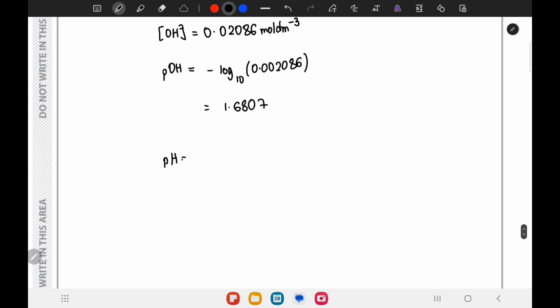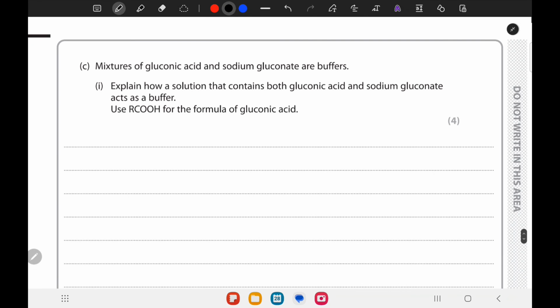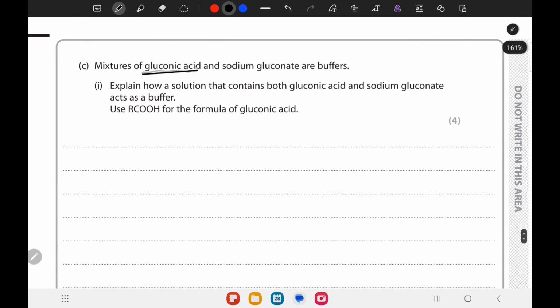So the value of pH will be 14 minus 1.6807, which is 12.3.